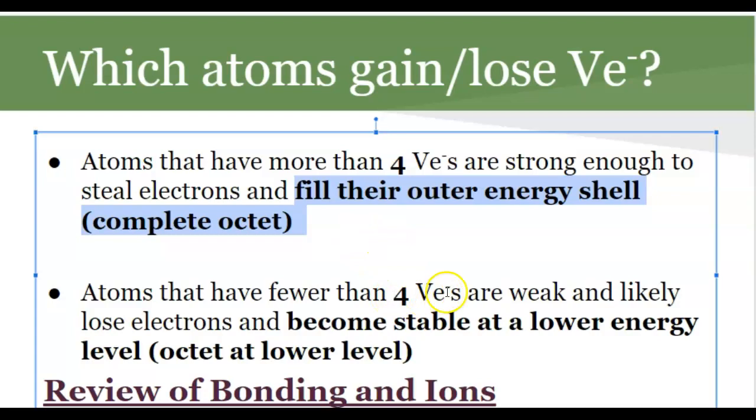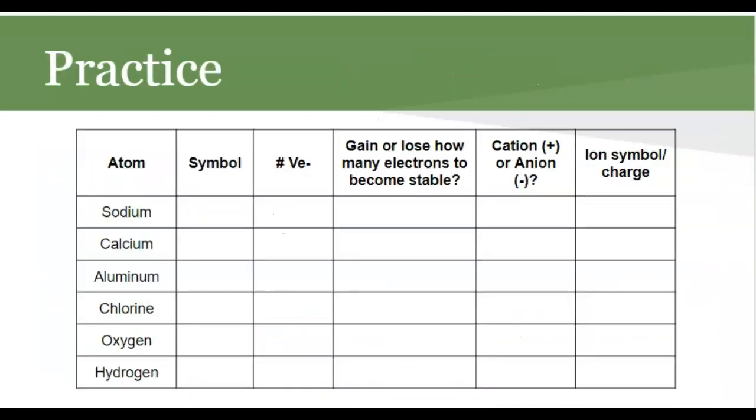Atoms that have fewer than 4 are generally going to lose electrons. So those are going to be your cations, the positive ones. So let's do a little bit of practice. Thinking about your periodic table, which hopefully you have in front of you.